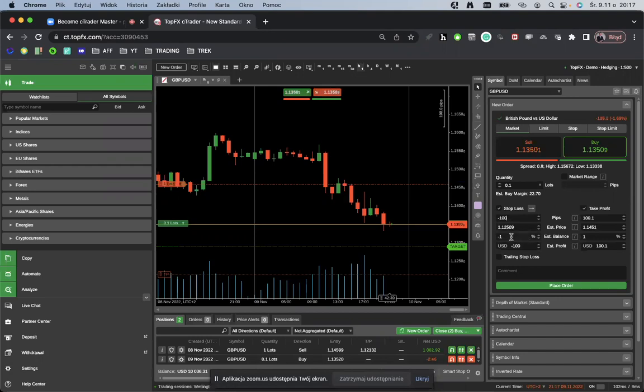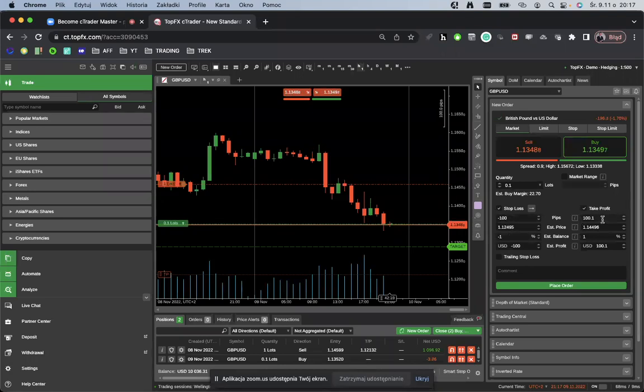I'm risking 1% of my balance, not even 1%, I guess, and that would be $100 of my account. It's a little bit more than $10,000, which is why I'm saying it's not exactly to the pip 1%. So this is the stop loss.